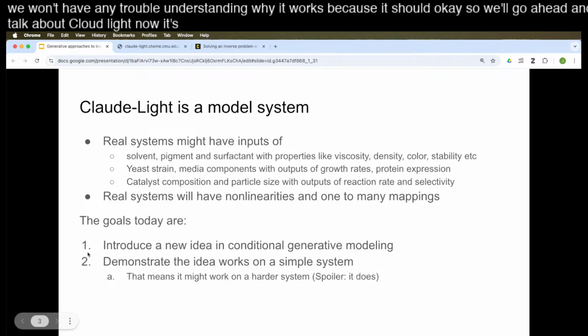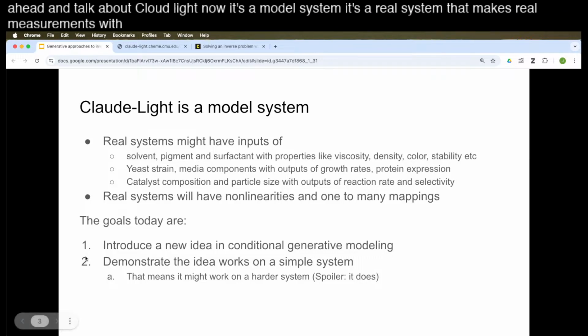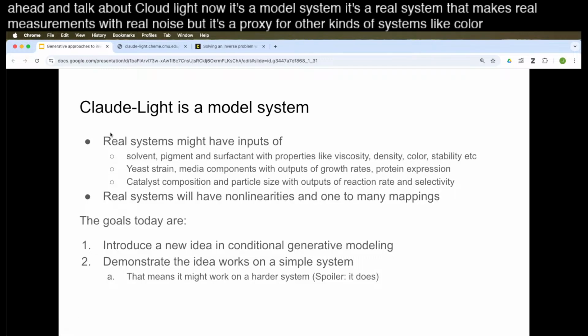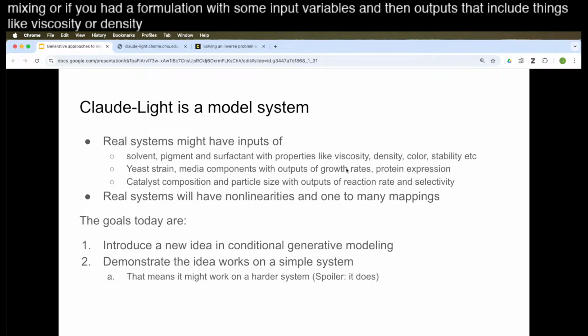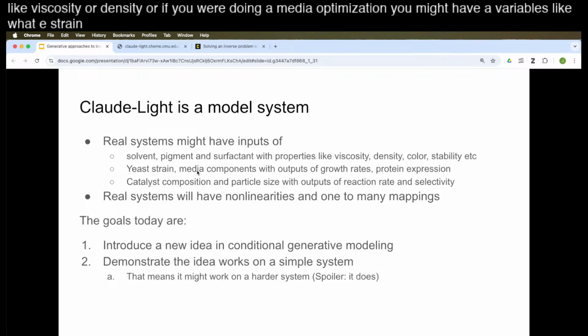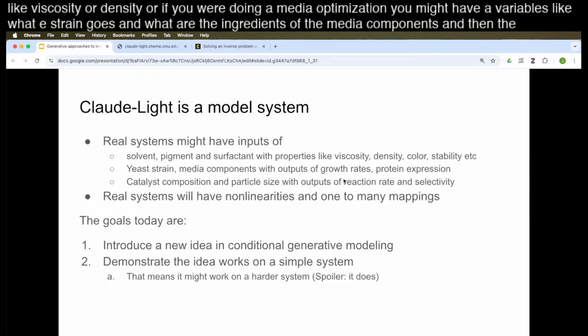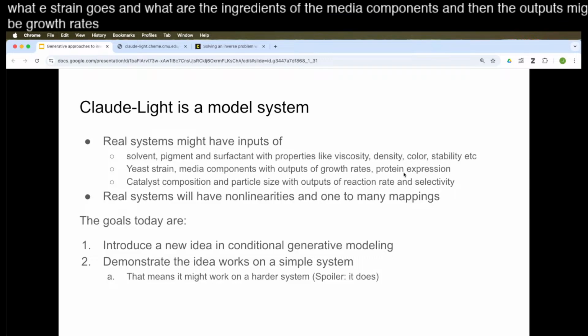It's a model system. It's a real system that makes real measurements with real noise, but it's a proxy for other kinds of systems like color mixing, or if you had a formulation with some input variables and then outputs that include things like viscosity or density, or if you were doing a media optimization, you might have variables like what yeast strain goes in, what are the ingredients of the media components, and then the outputs might be growth rates or protein expression.